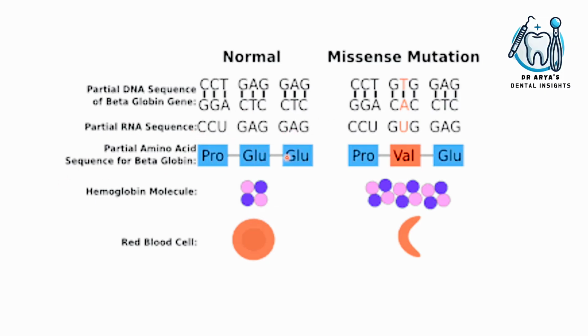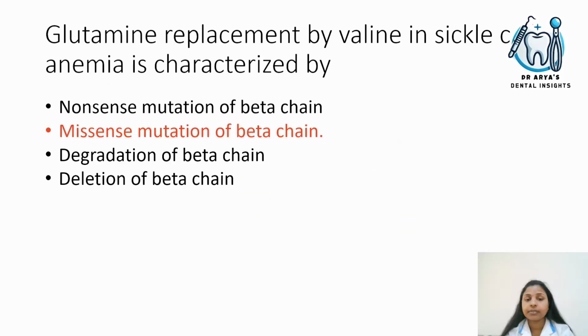Then this is a partial amino acid sequence for beta globin, and this is the hemoglobin molecule, and this is the RBC. So due to the missense mutation, the glutamate is replaced with valine, and it causes the sickle cell shape. So this is known as sickle cell anemia. The answer is missense mutation of the beta gene.